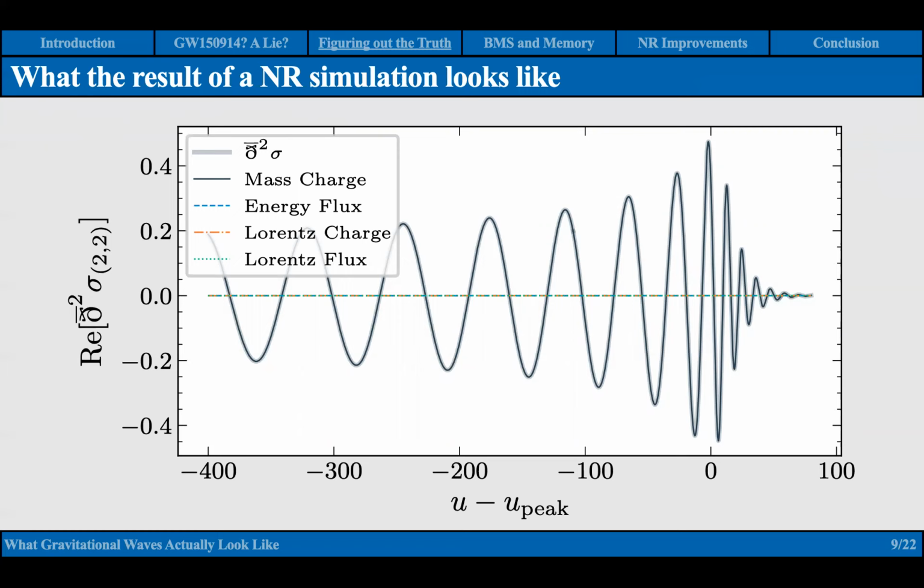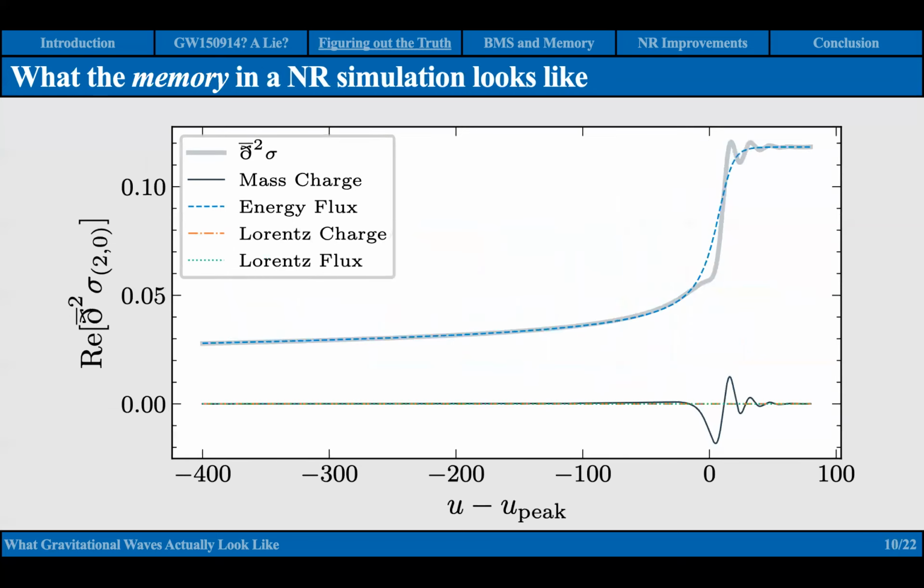And as you expect, there's some inspiral, then there's a merger, and then some ringdown, which is black hole perturbation theory. If you look at the 2-0 from your numerical simulations, if you do them right, we'll get into what people are doing wrong later, but if you do it right, what you get is this. Again, you have some monotonic, non-oscillatory piece during inspiral.